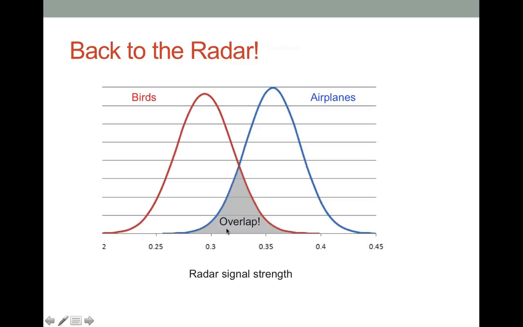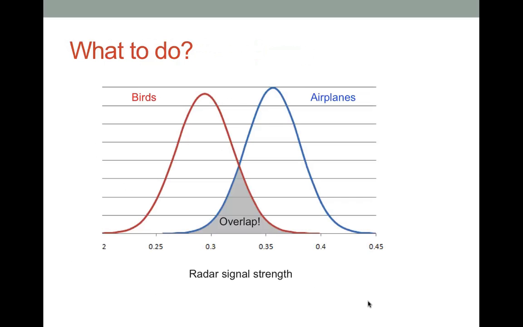In this shaded region, it's going to be hard to tell if something was a bird or a plane or Superman. Sorry. Anything in this shaded region could have been generated by the bird distribution or by the airplane distribution, and they're both somewhat equally believable. So how do we tell the two apart, and how do we, as the radar operator, make our decision about whether something is a bird or an airplane?